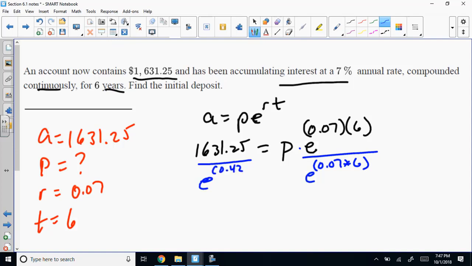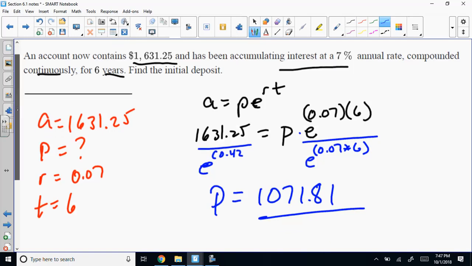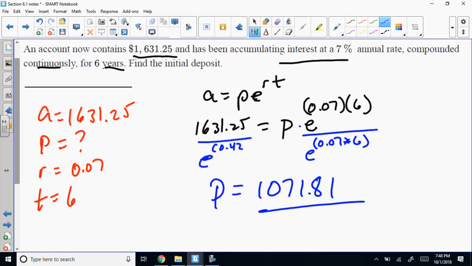So 1631.25 divided by E to the 0.07 times 6. Boom. So I got an initial value of $1,071.81. You okay on that? Y'all good?